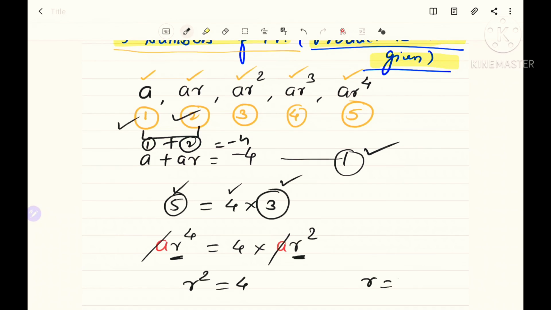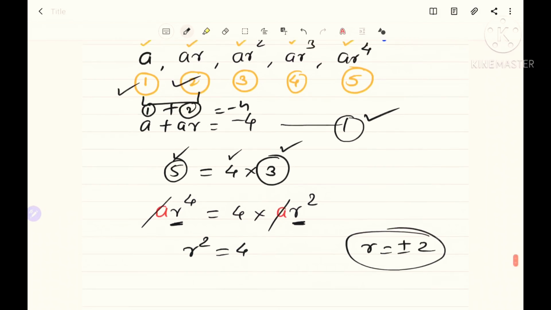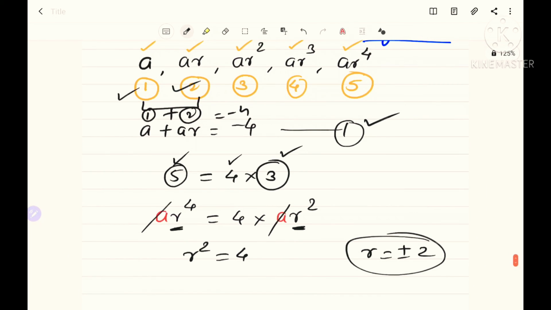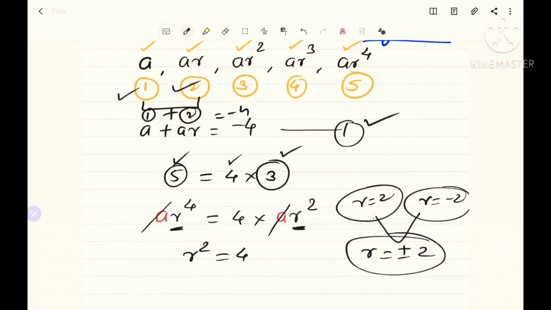This leads to 2 values of r, plus 2 and -2, which obviously creates 2 cases. The first one is r equal to +2 and the second is r equal to -2.